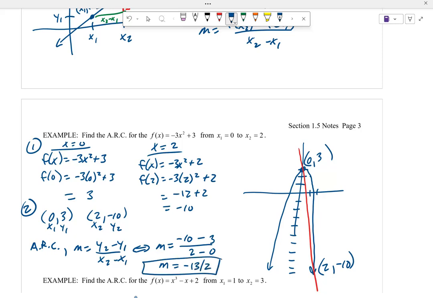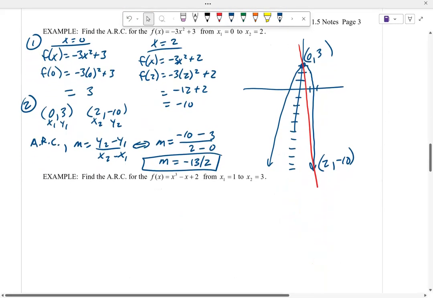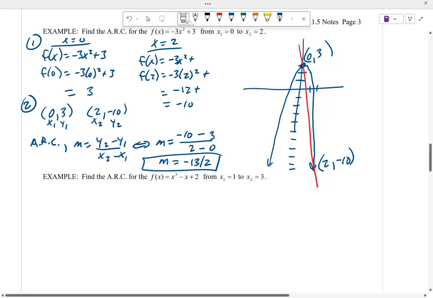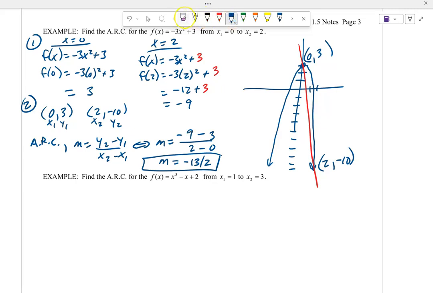That's the slope of that red line, our average rate of change. Sorry guys, I copied this wrong and messed this up. This 2 right here is supposed to be a 3. Let's change that to negative 9. Let's change this over here. It should be negative 12 over 2, which is negative 6.